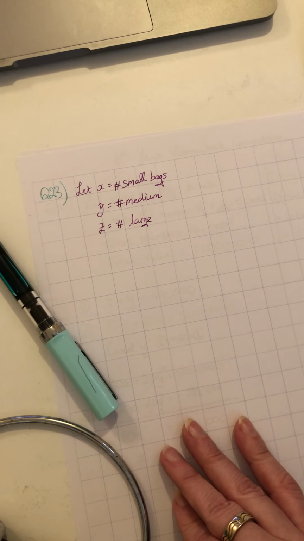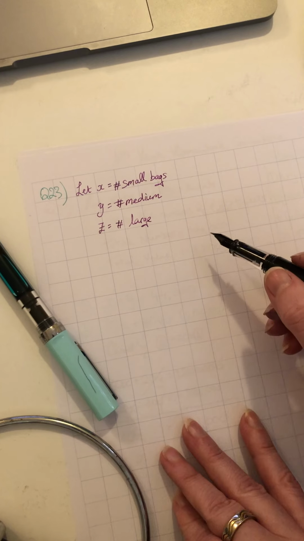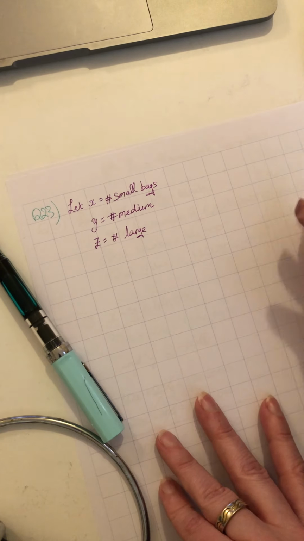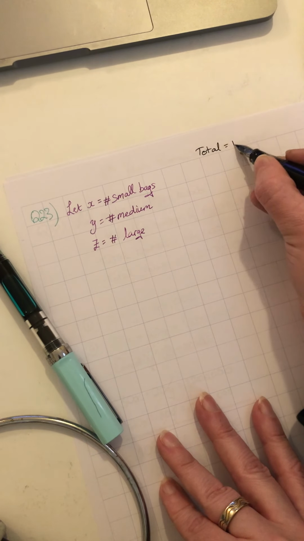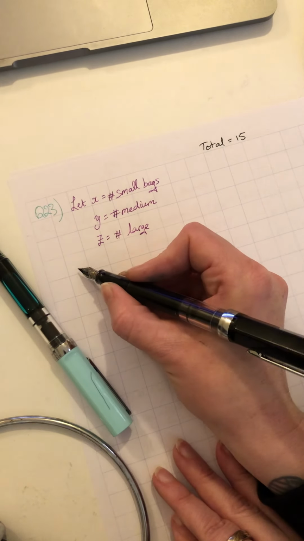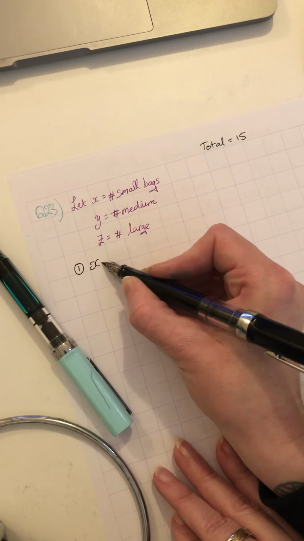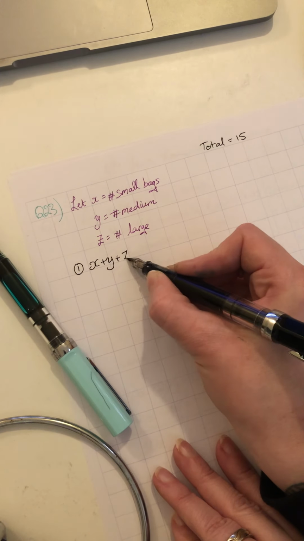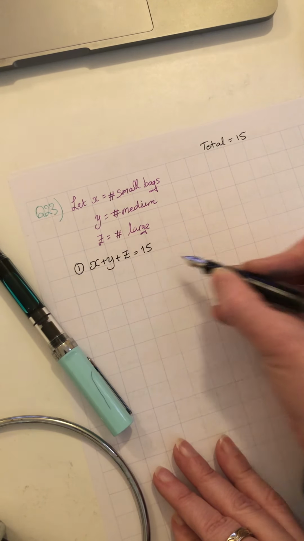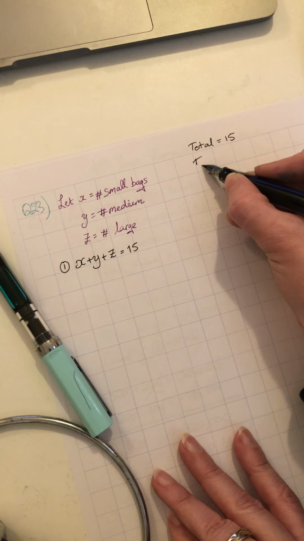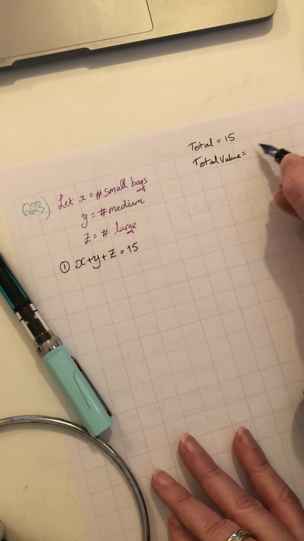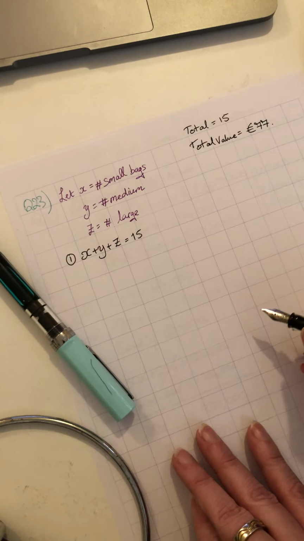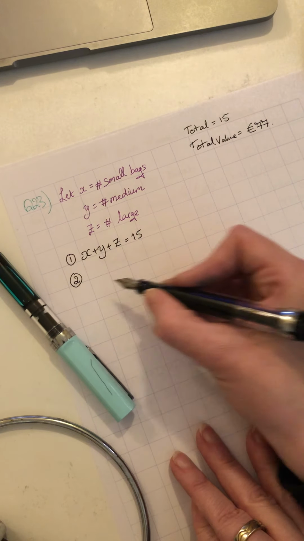And then straight away, they told me that they sold a total of 15 bags of popcorn. So my total is 15 bags of popcorn, and I have my first equation that X, Y, and Z must add up to 15. They also told me a total value of €77.